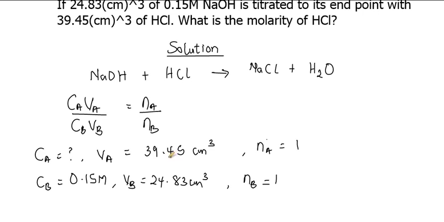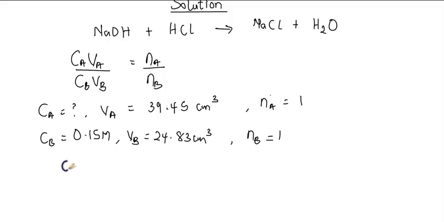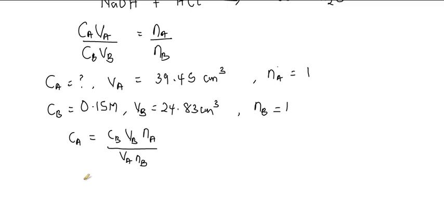So to know the concentration of the acid, we say Ca equals CbVbNa all divided through by VaNb. So let's substitute the values. Ca is then equal to, our Cb is 0.15 molar multiplied by Vb, 24.83 cm³.